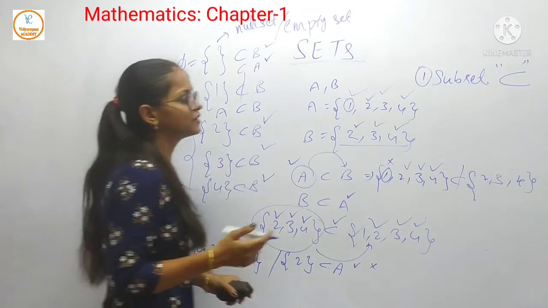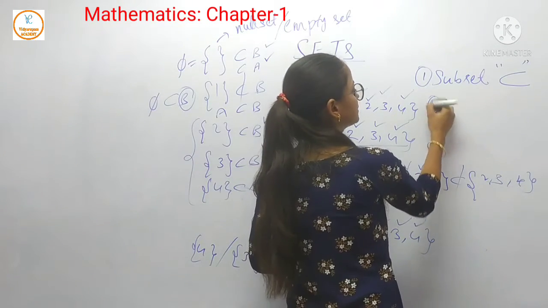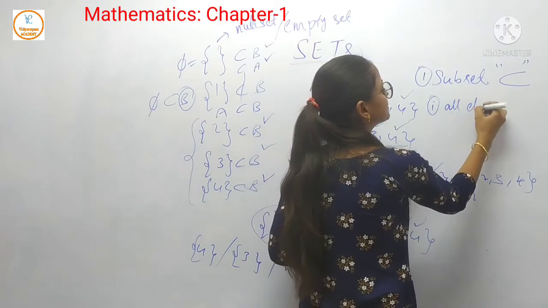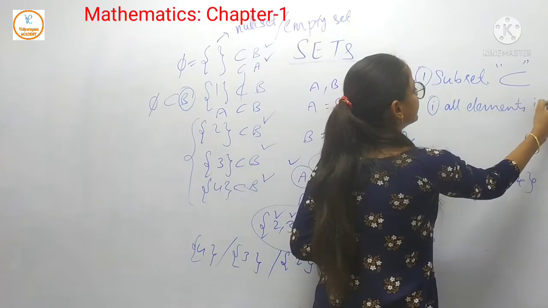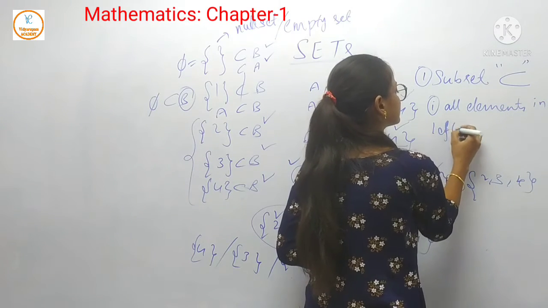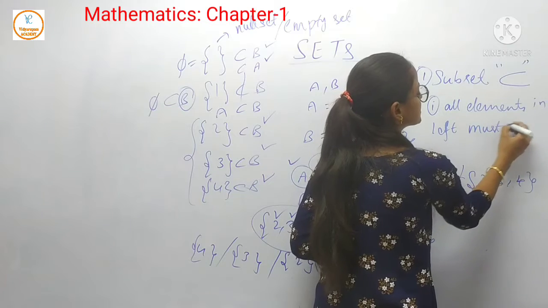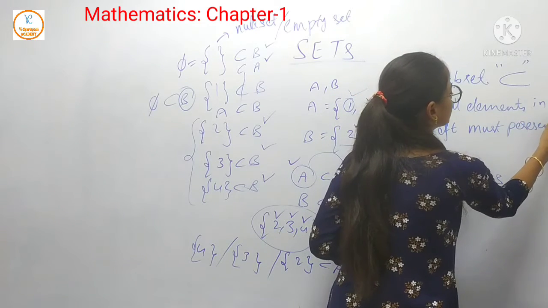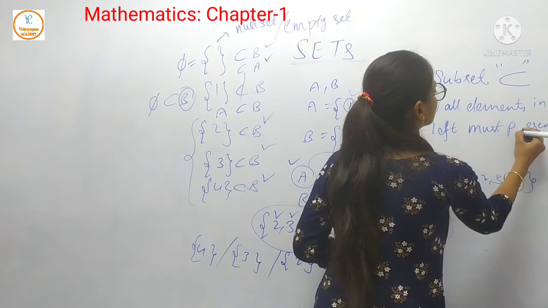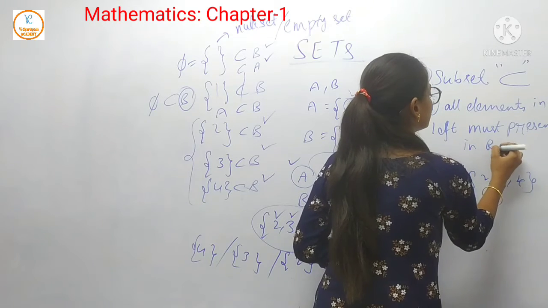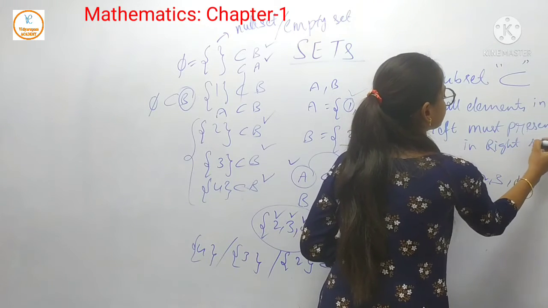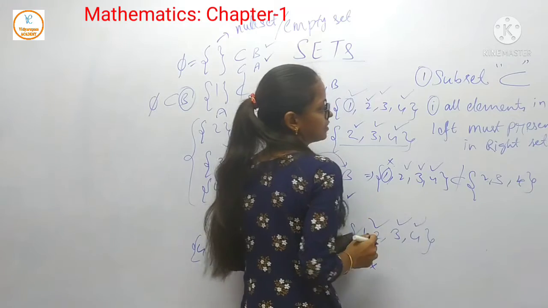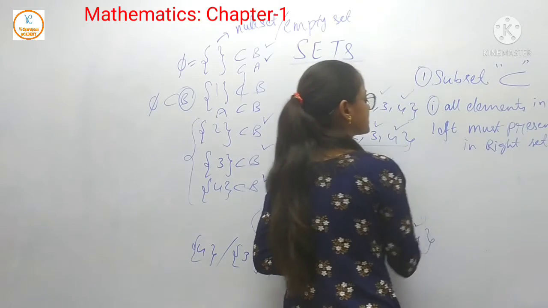Okay, so here you can write. First point: all elements in the left set must be present in the right set. So what is the second condition we discussed?